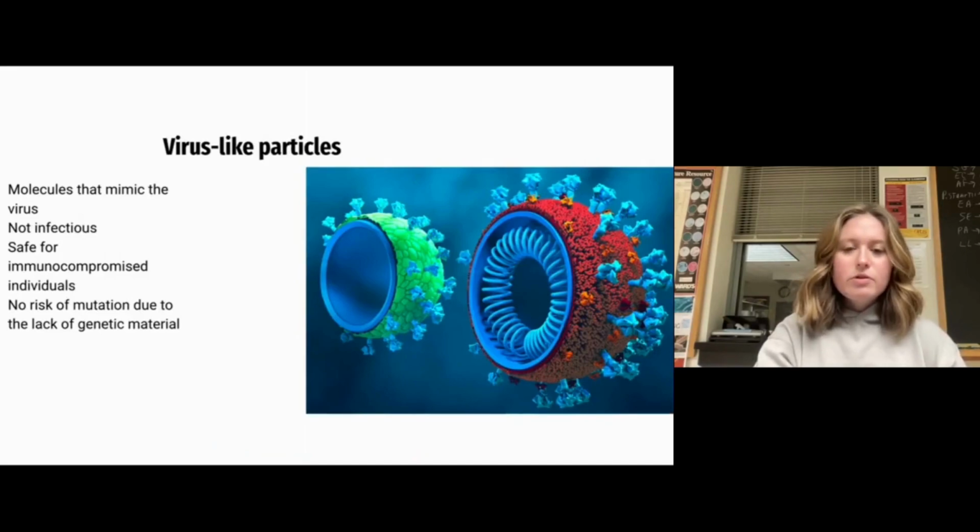Virus-like particles are molecules that mimic the virus. They are not infectious. They are safe for immunocompromised individuals, and they have no risk of mutation because there is a lack of genetic material in the virus, which makes them not infectious.